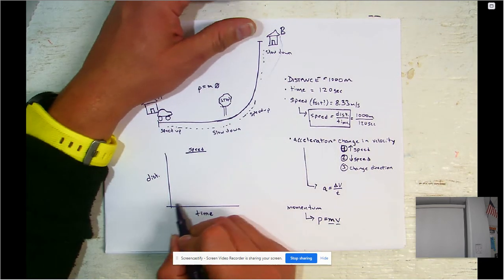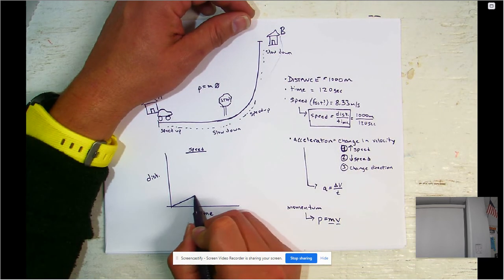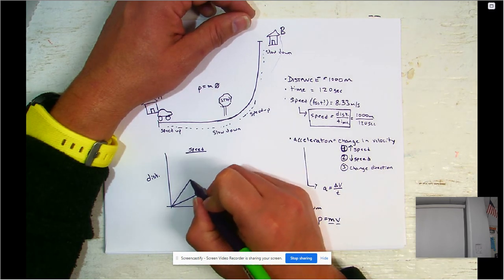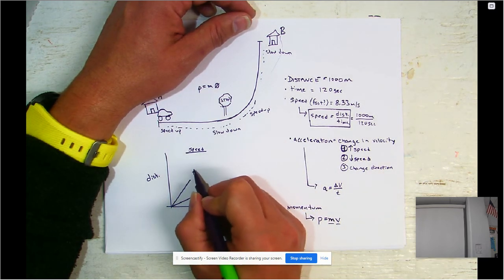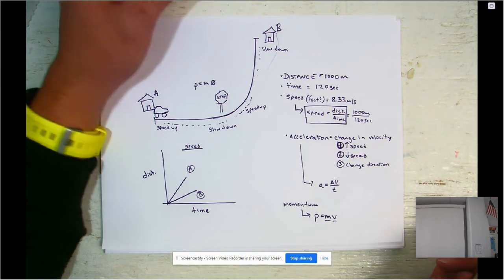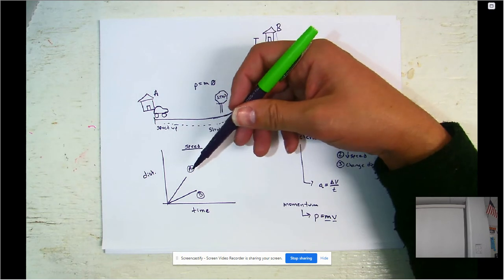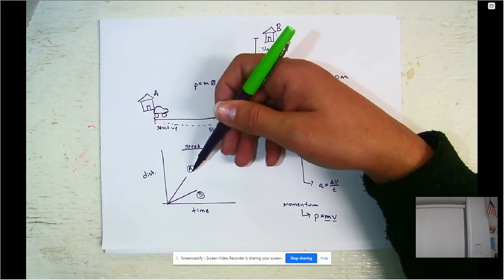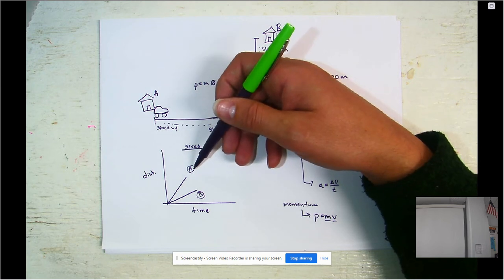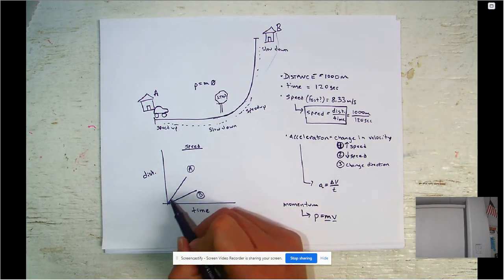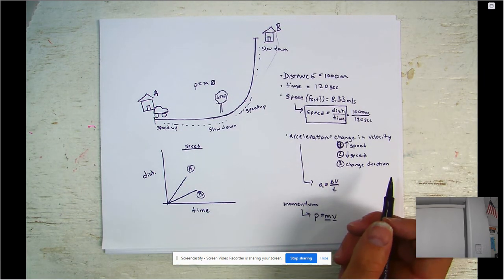If we compared the slope of two lines, we call this A, we call this B. The greater the slope of the line, the greater the speed of the car. So we had two different cars, A and B. A has a greater slope, so A would have a greater speed. Okay? Because they're able to cover more distance in that same amount of time.